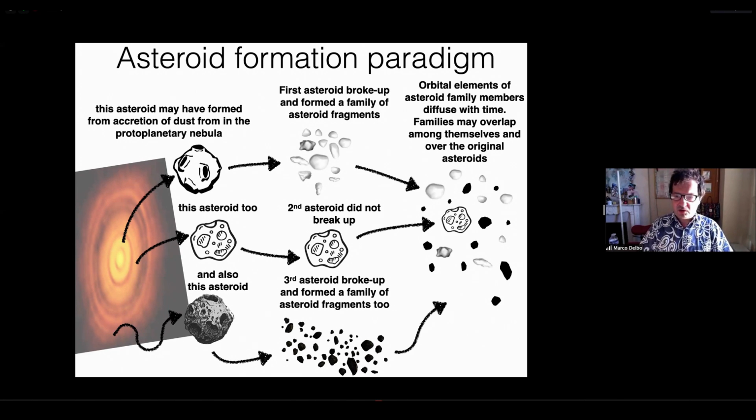I also want to show the problem that the collisional families of asteroids have members that diffuse with time in orbital elements. And so the families, as they age, start to overlap among themselves and also over the original asteroid. So the picture is very confused, as you can see in this third diagram.